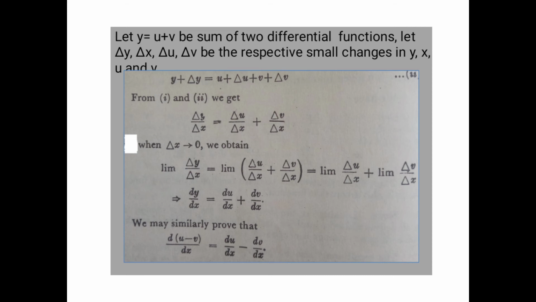And as delta x tends to 0, we can write dy by dx is equal to du by dx plus dv by dx. In other words, d by dx of u plus v is equal to du by dx plus dv by dx. Similarly, we can write d by dx of u minus v is equal to du by dx minus dv by dx.